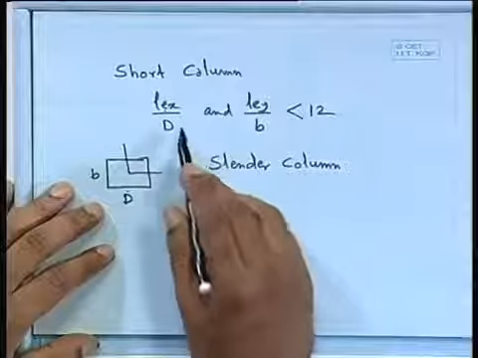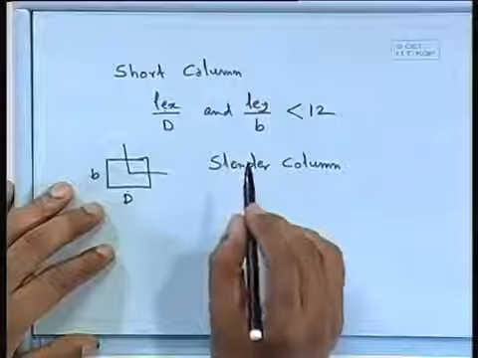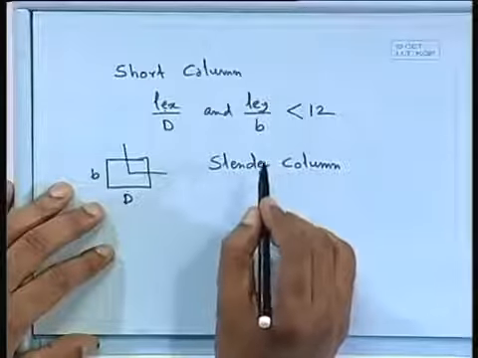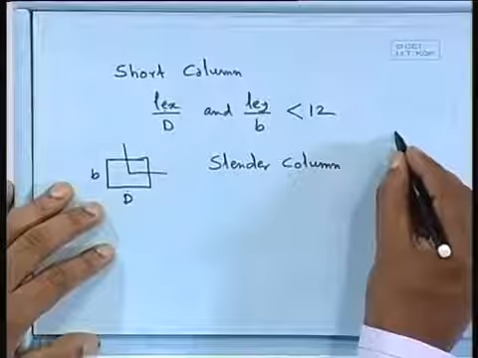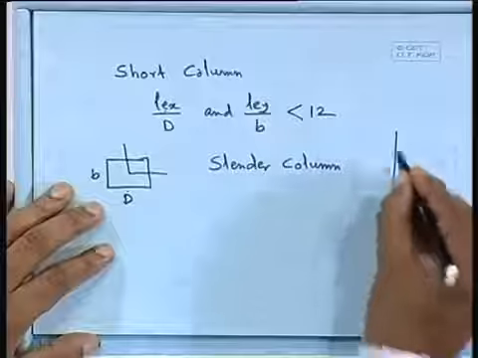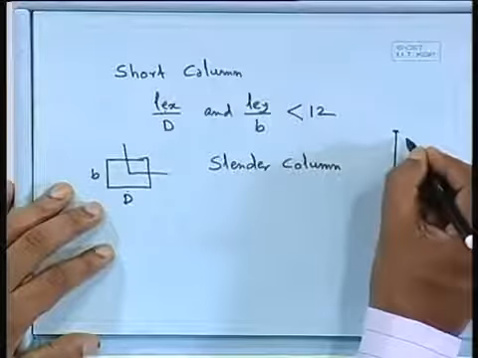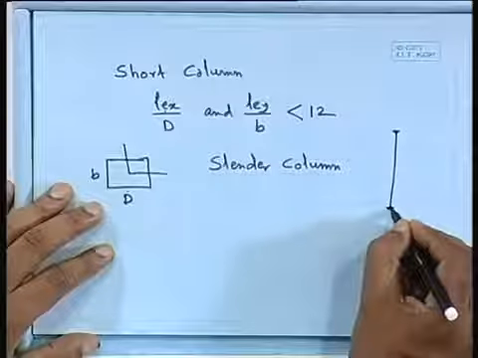That's why your effective length could be different about 2 different axes, about x and about y. What is the support condition? We are talking say at the bottom, at the top, the support condition could be fixed here.